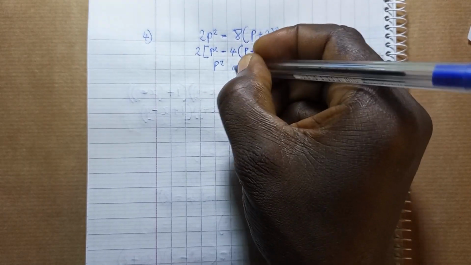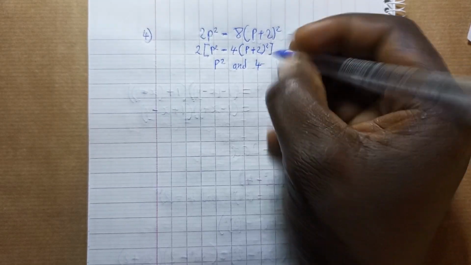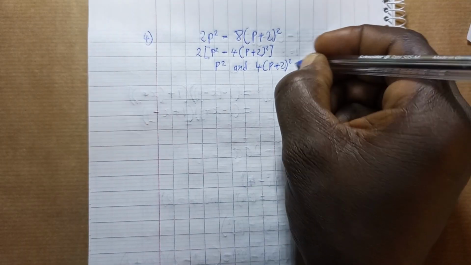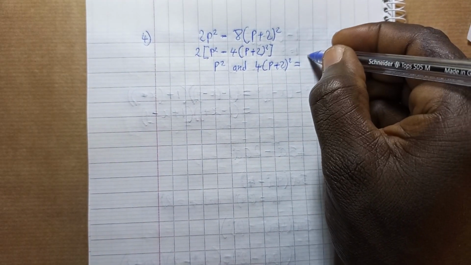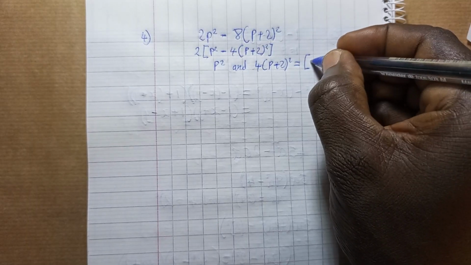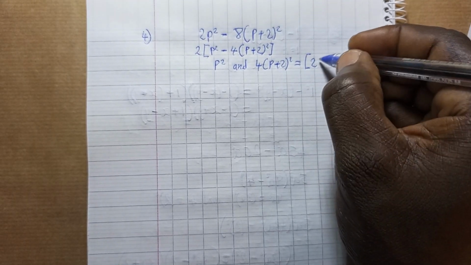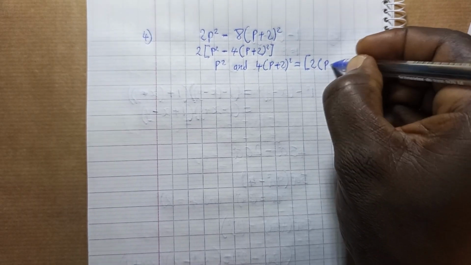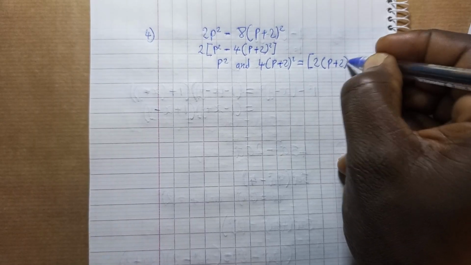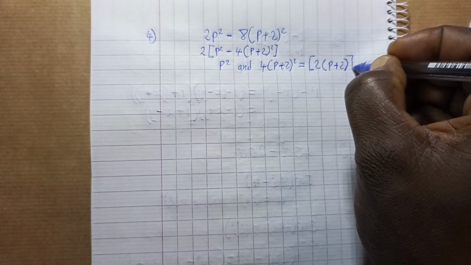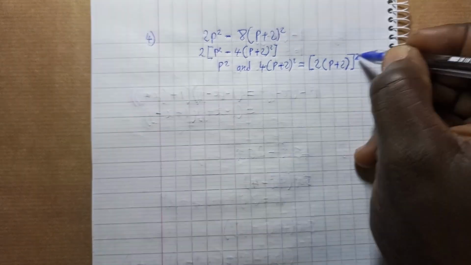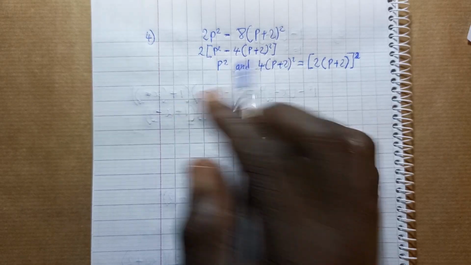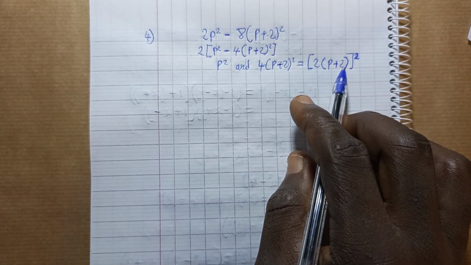The perfect squares are p square and 4 open bracket p plus 2 square, which is equal to open bracket 2, open bracket p plus 2, close the bracket, and then square. So this is one perfect square and this is the other perfect square.